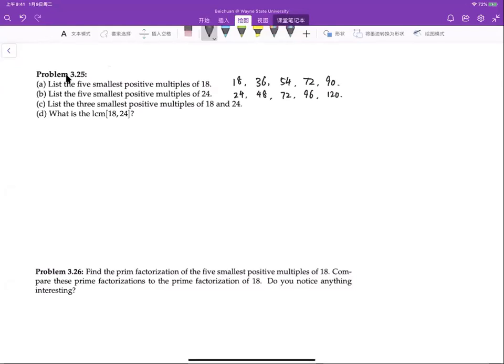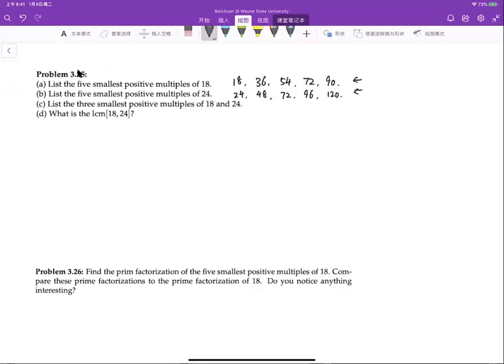Now let's look at question C. List the 3 smallest positive multiples of 18 and 24. From the two lists, can you find any common multiples? Do you see any repeated number there? 72 and 72. Good.